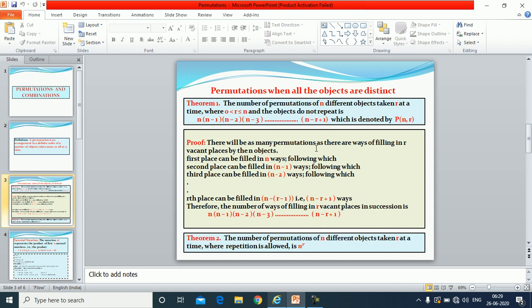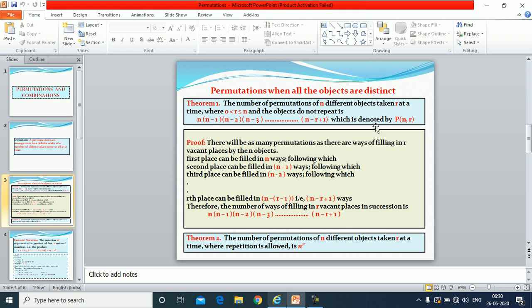There will be as many permutations as there are ways of filling r vacant places by the n objects. How can you fill those r places by n objects? The first place can be filled in n ways, the second in n minus 1, the third in n minus 2, and so on, and then the rth term. So this is the number of arrangements, or permutations, of n objects taken r at a time.